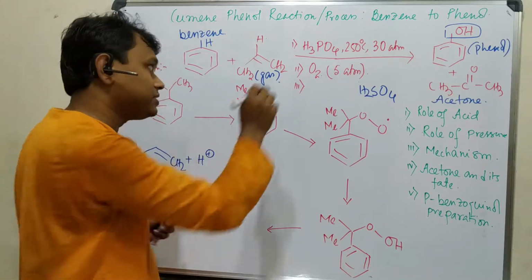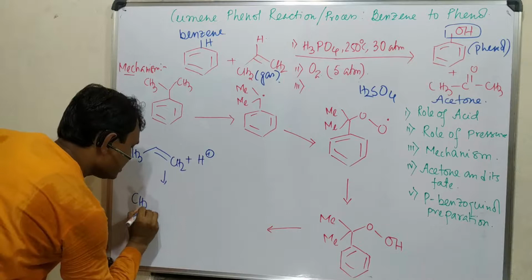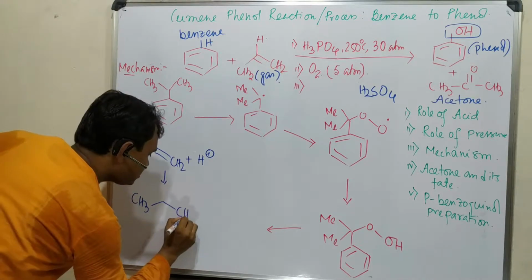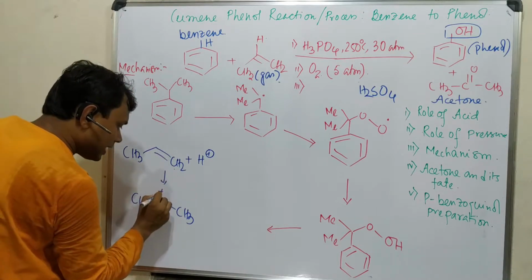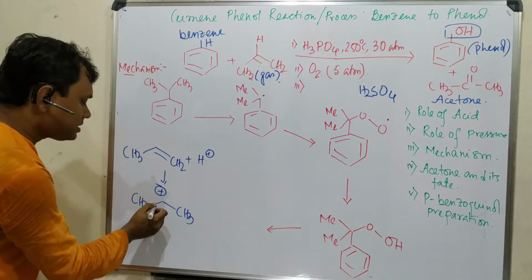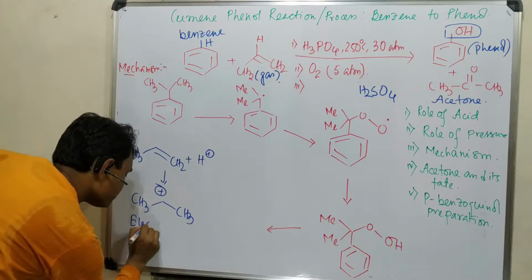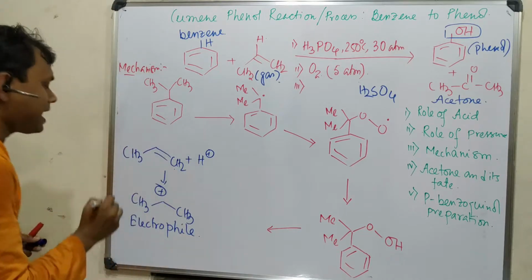No phosphorylation happens with phosphoric acid. So what happened after this? It produces CH3, because if a proton is attached, the carbocation is now relatively stable. So this is the electrophile.